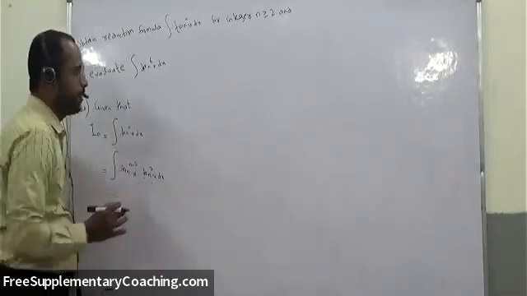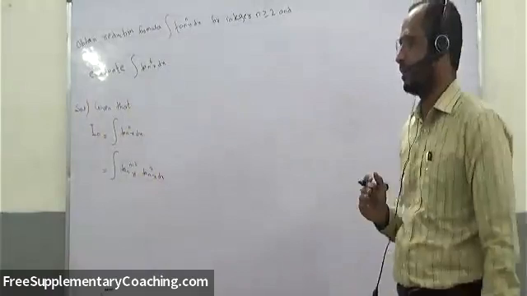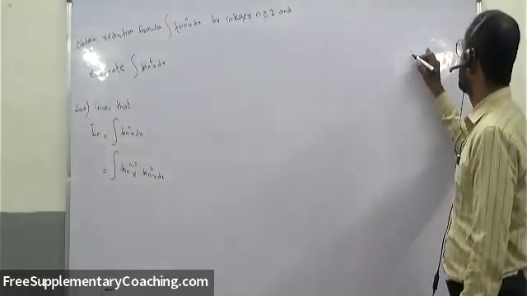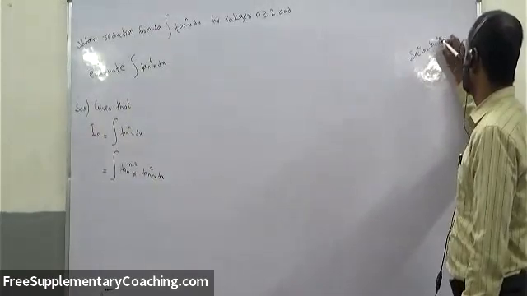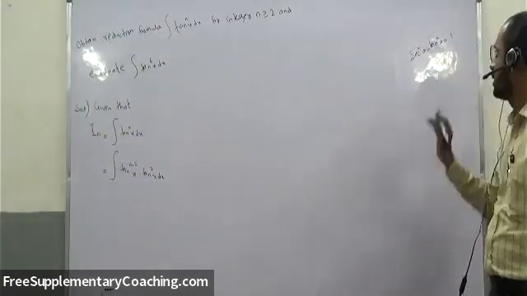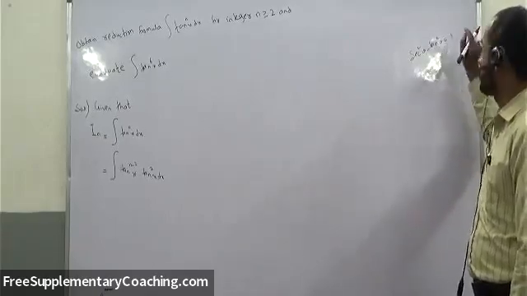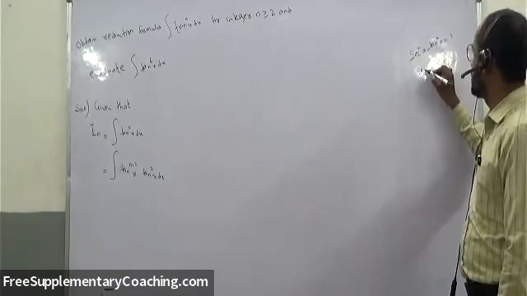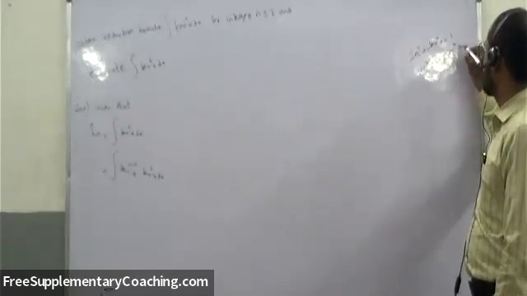Now, basic trigonometry again we have to use, and we know one of the identities: secant square theta minus tan square theta is equal to 1. If you send this minus sign to the other side, we want tan, so secant square theta minus 1 is equal to tan square theta.